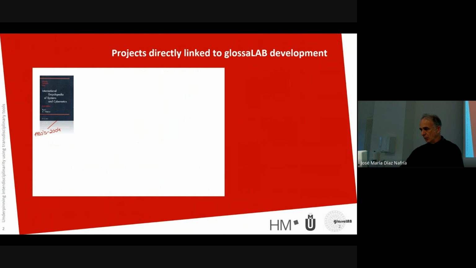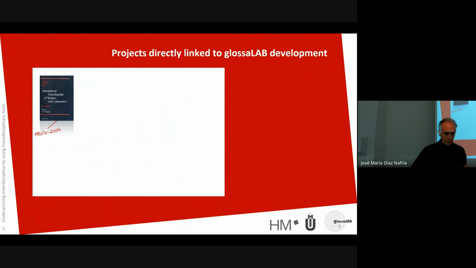The project has been entangled with long-term projects like the International Encyclopedia of Systems and Cybernetics, which emerged in the 70s from a problem observed by some of the founders of system science and cybernetics. They were discussing the scattering effect of using different terminology or having ambiguities when terms were used.